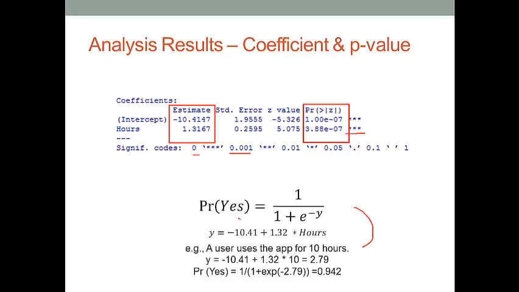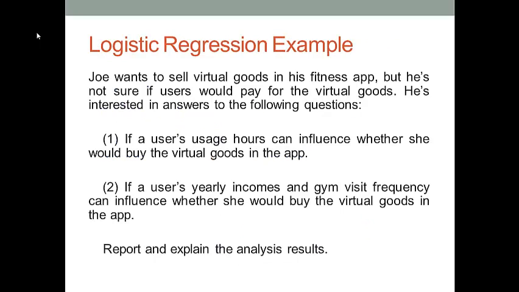Then he is able to calculate the probability for this customer to say yes to the pay or not question. This is how we use the logistic regression to predict the probability of getting a yes or no answer to the dependent variable. Let's use the same principle to answer question number 2.